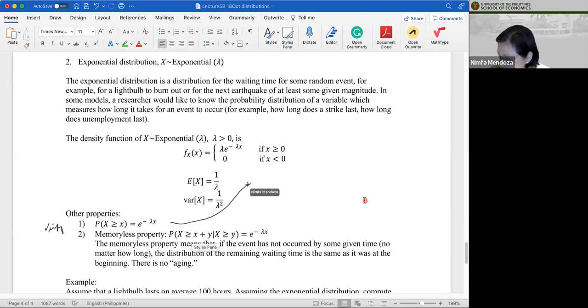That is the integral of f of x dx from x to infinity, right? See if you can get that. And then you can also get the probability that X is less than x, which is the CDF, and that would be 1 minus e to the minus lambda x.